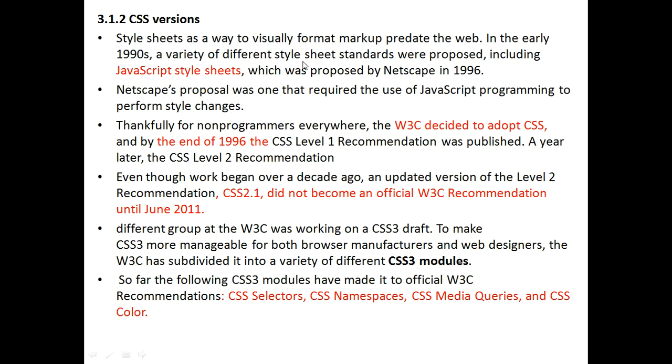A variety of different style sheet standards were proposed, including JavaScript Style Sheets, which was proposed by Netscape in 1996, right? One more version, a starting version, is JavaScript Style Sheets in 1996 by Netscape. Netscape's proposal required the use of JavaScript programming to perform the styling. You need JavaScript programming.